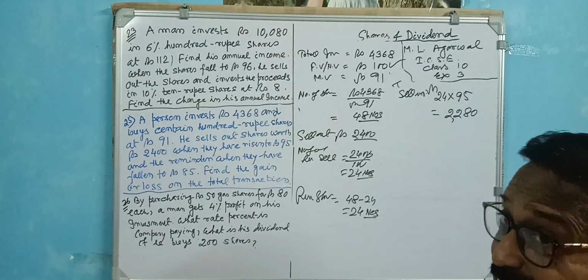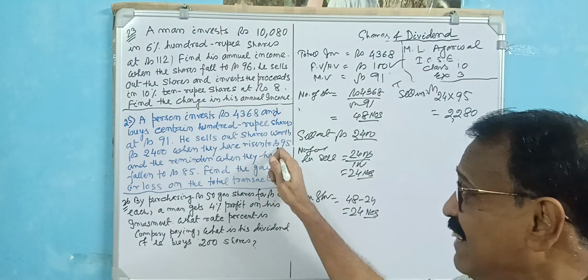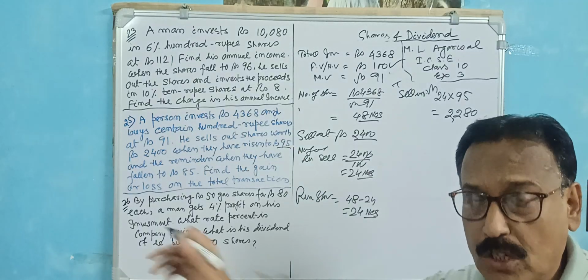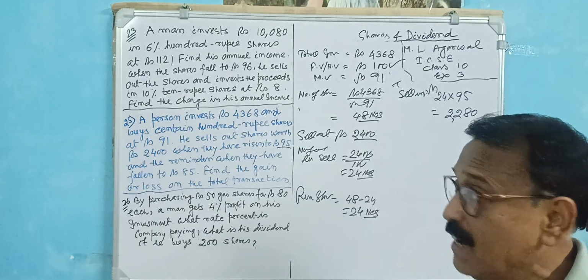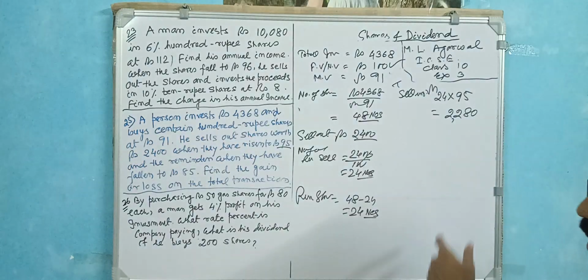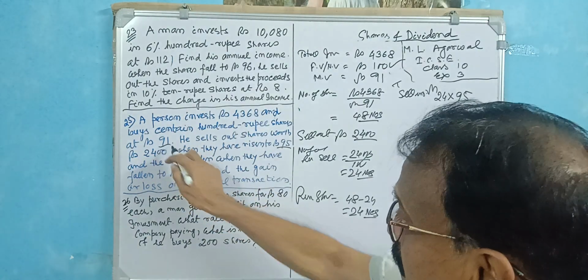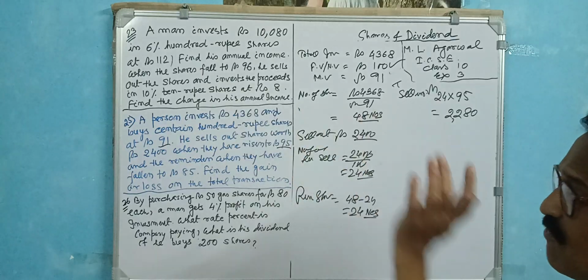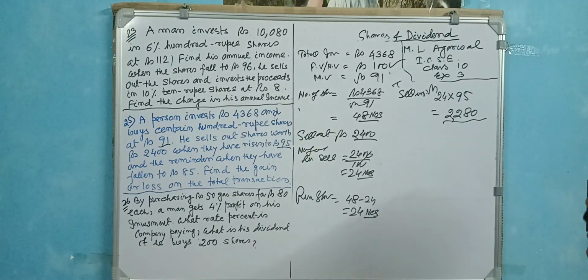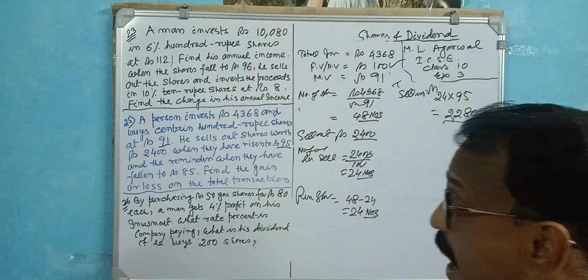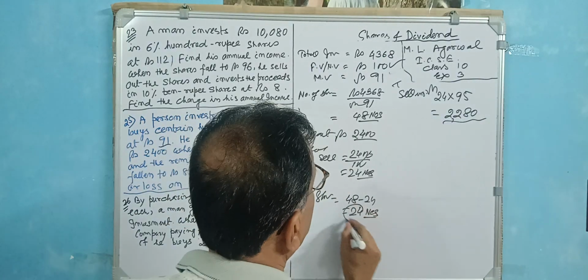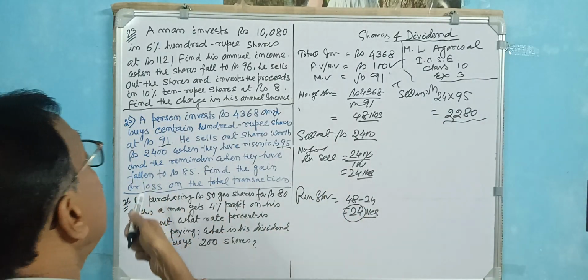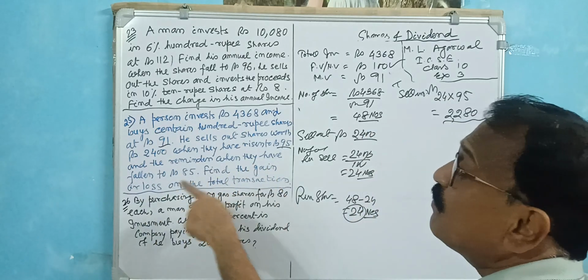But what is the actual value of these shares? 2400. The original value is 100 as the nominal value. He sold them when they rose to 95, so he collects this. The remaining shares are sold when they have fallen.